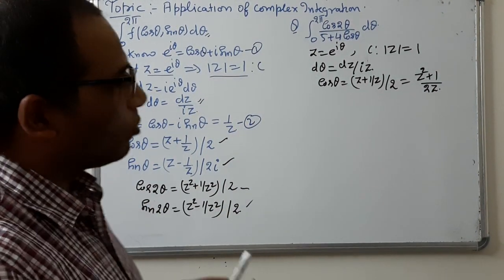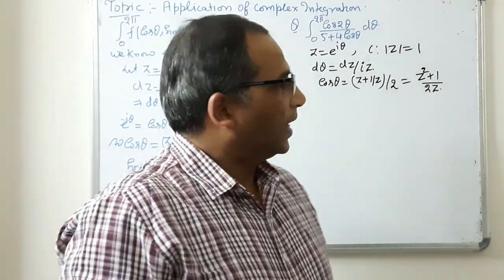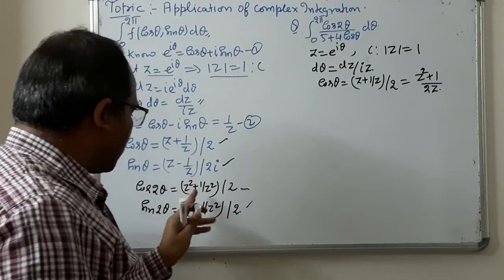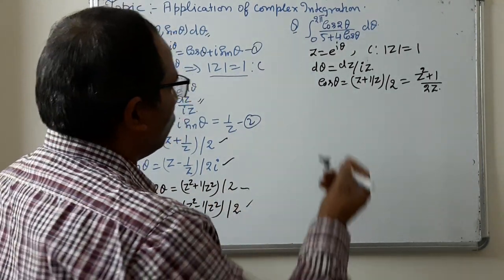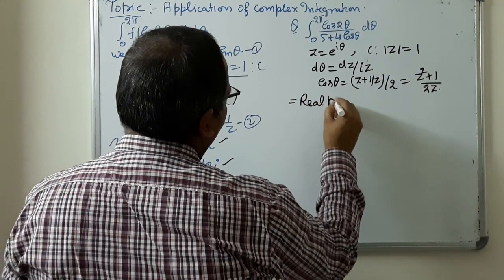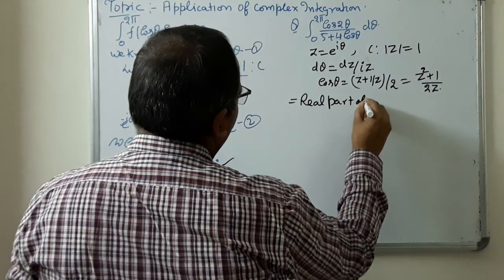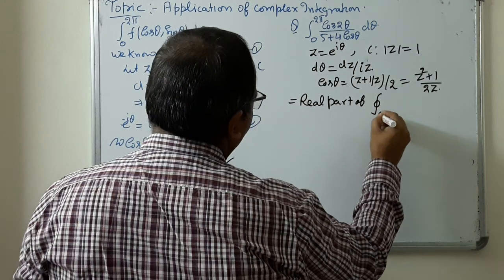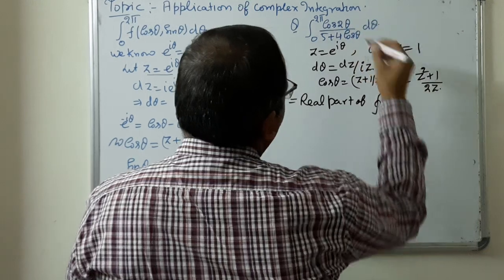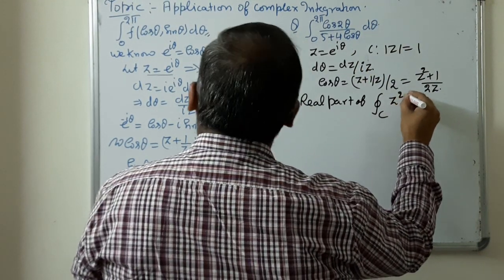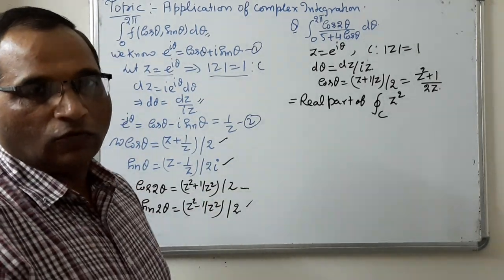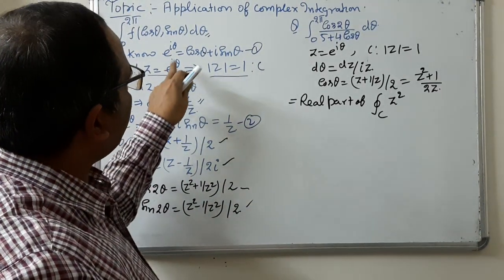But in this case the question becomes complicated. Instead of changing cos 2θ as (z square plus 1 upon z square) upon 2, we can write this as the real part of the integration over C. In place of cos 2θ we will write z square, because if we take z equal to e to the power iθ, then z square is e to the power i2θ.